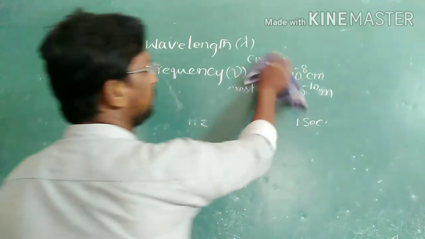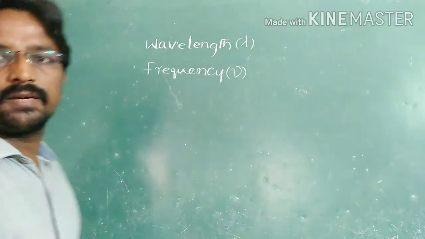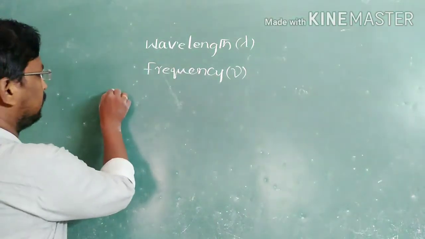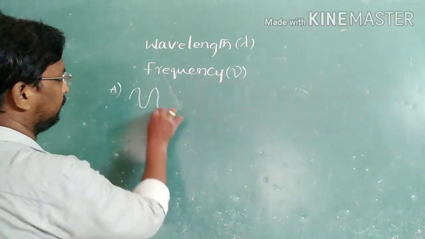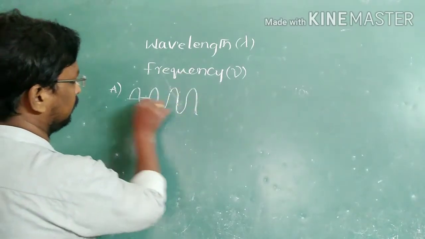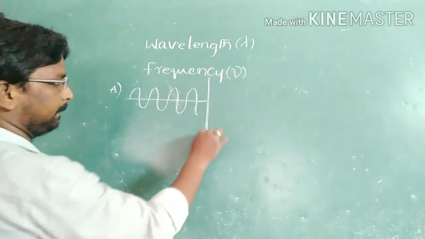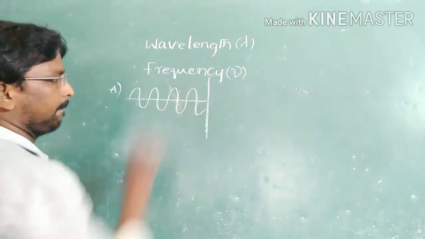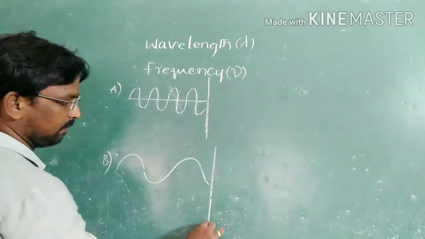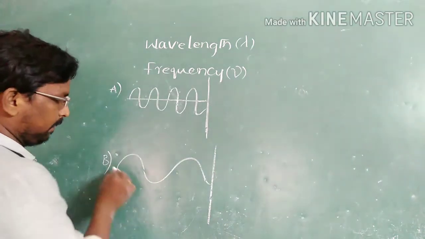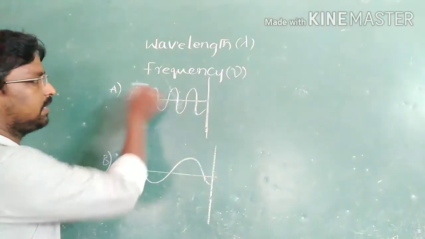Then what is the relation between wavelength and frequency? Let us see. Consider one wave A with this reference point, and consider wave B for the same reference point. What is the wavelength here?